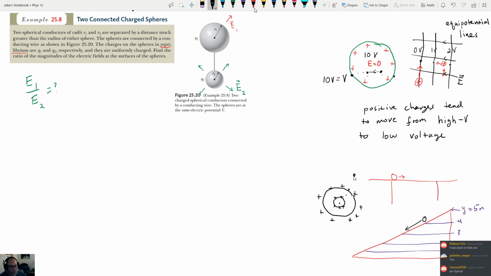Okay? Now, when you get outside of it, the story changes, okay? So if this is Q1 and this one's Q2, when you're out here, if I define this distance to be R, then the electric potential at this location is going to be K times Q1 plus Q2, I think just divided by R, basically.